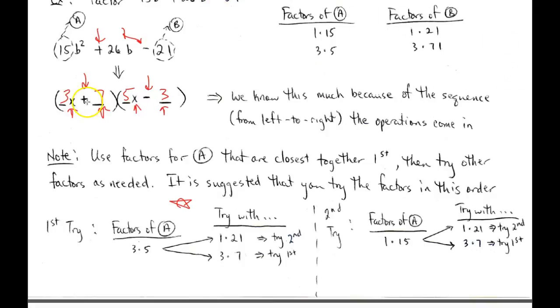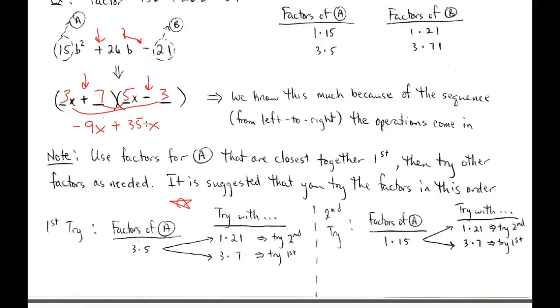So I'm going to erase some of this and show you what we end up getting. If we try this out, then our middle number should add up to be a positive 26. So if we do 3x times a negative 3, that is a negative 9. And then we do the inner, that'll be plus 35, okay?